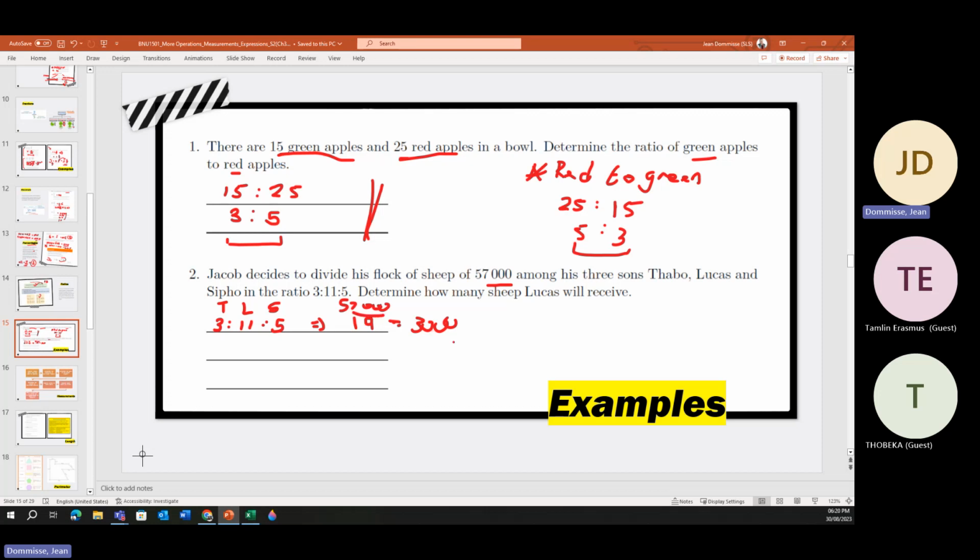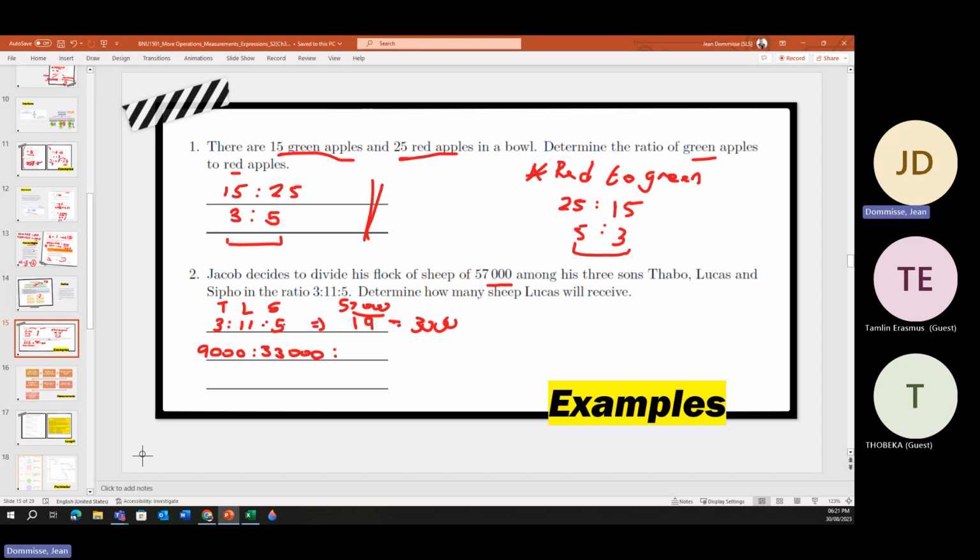So we know for each one number, it should be 3,000 sheep. For 3 numbers, it will be 9,000. For 11, it will be 33,000, because we just multiply the 11 by 3,000.